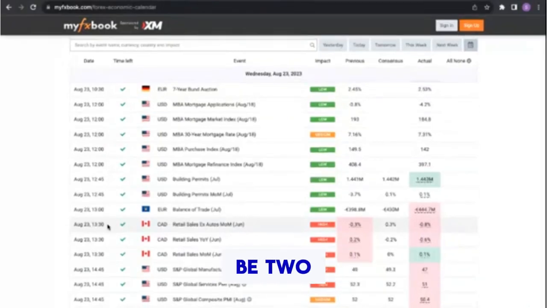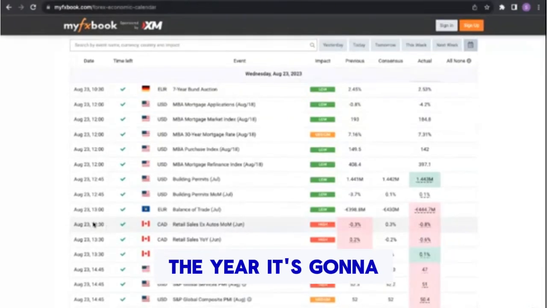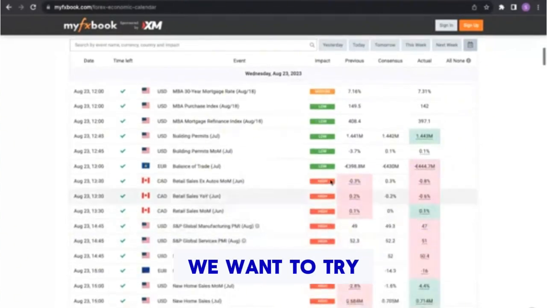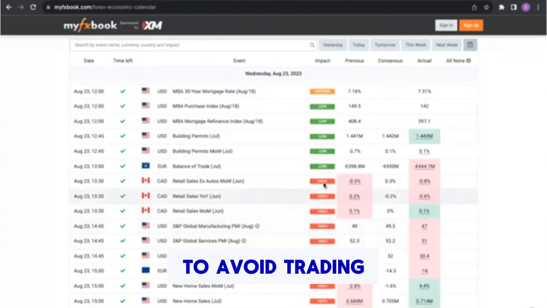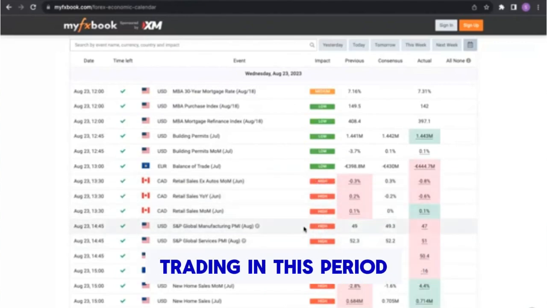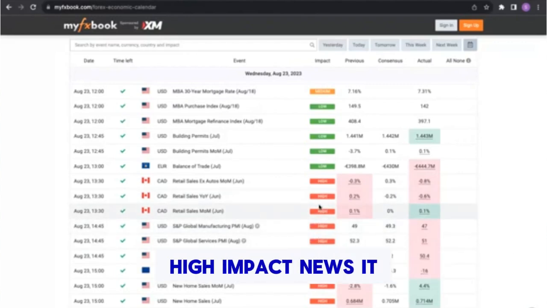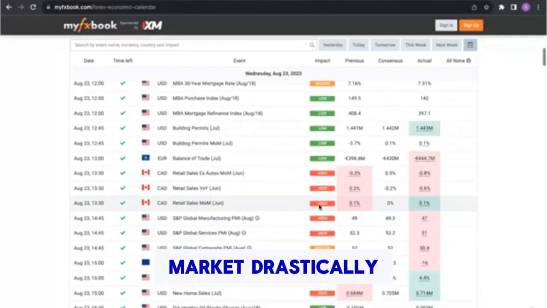At certain periods in the year it is going to be 2:30. But from this period, a trader, especially when you are just starting, wants to avoid trading, because it's high impact news. High impact news can spike the market. It can push the market drastically.